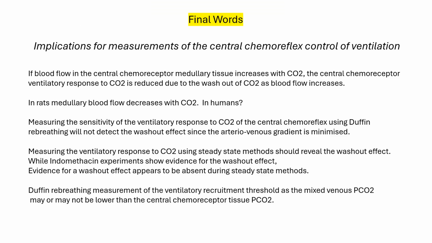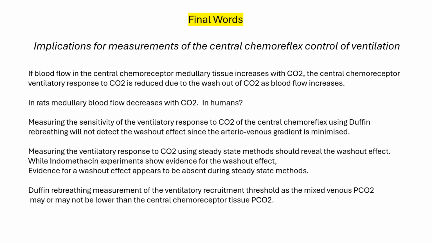So we come to some final words with implications for measurements of the central chemoreflex control of breathing. If blood flow in the central chemoreceptor tissue increases with CO2, the central chemoreceptor ventilatory response to CO2 is reduced due to washout of CO2 as blood flow increases. However, the CO2 response of blood flow in the region of the central chemoreceptors is unknown in humans.